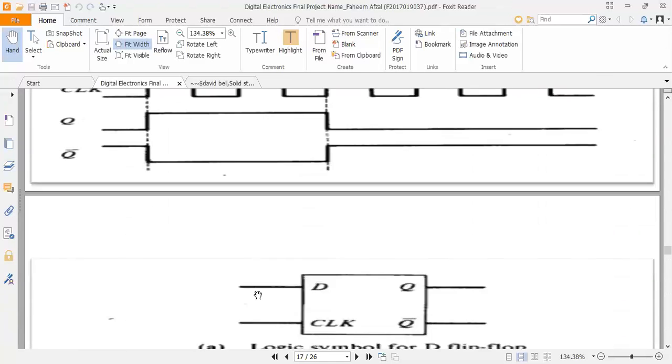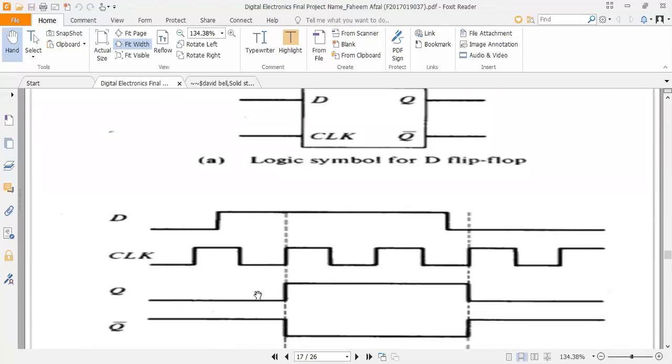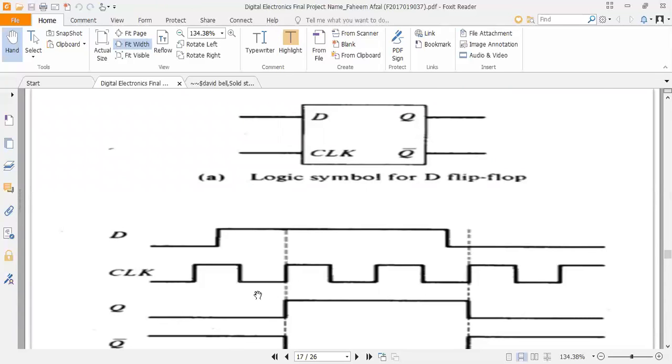D flip flop. You can see that there's no bubble here, so it will work on the rising edge. The output remains zero, and you can see that the input is high and low, but there's no change in output. The output changes when the input became high and the rising edge came.